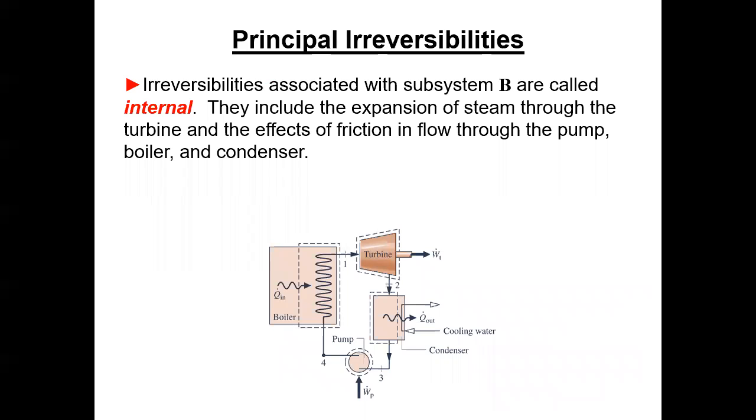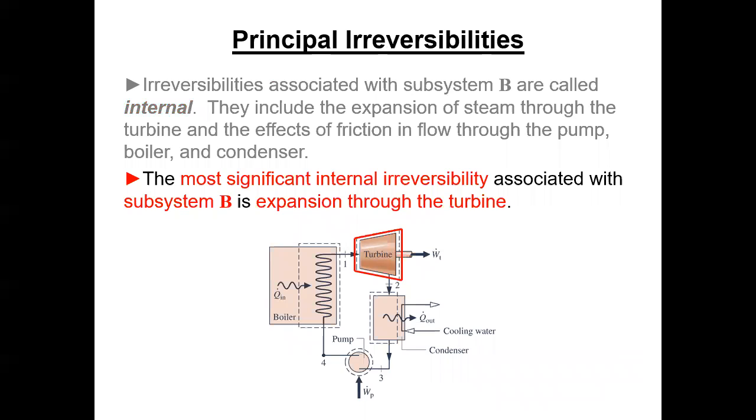And of course, we have friction and flow through the pump, the boiler, and the condenser, and they are typically fairly minor. I think we saw 40, 50 pounds on the reheat side on the real cycle. We might call that up one of these days and look at the real numbers. But of these, the most significant internal irreversibility associated with subsystem B is the turbine.